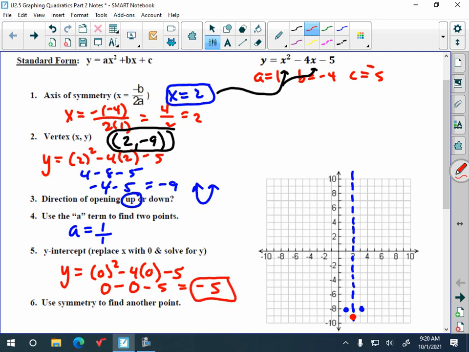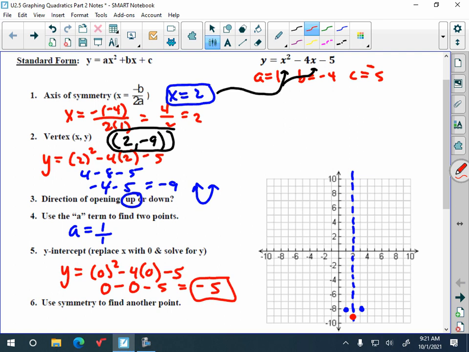Negative 5. So the y-intercept will always be the c value. Always. In standard form, this is the advantage over vertex form. In vertex form, you have to do some math, order of operations, plug 0 in. In standard form, you really don't have to do anything as long as you understand it's always the c value, because this stuff will always go away once you plug 0 in.